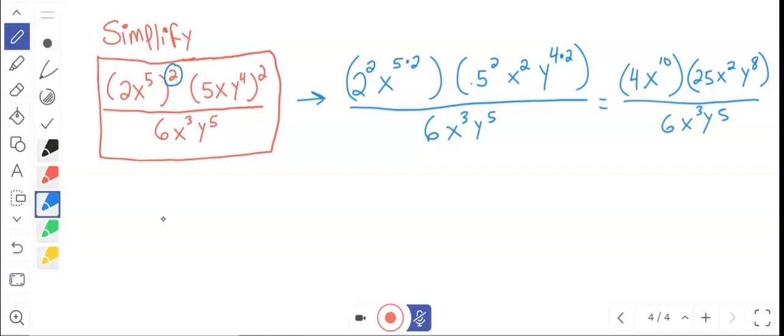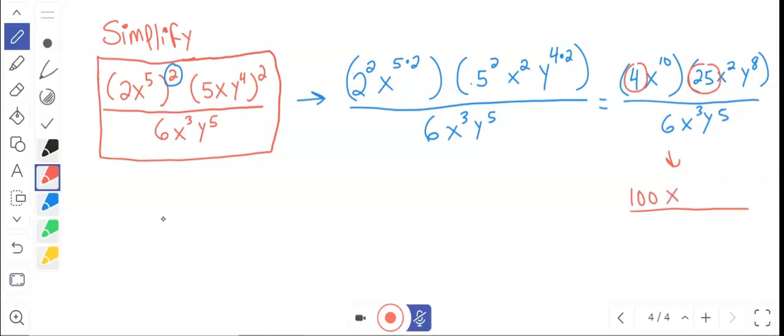Now next, we're still not done yet. We need to multiply these whole numbers, 4 and 25. We know 4 quarters is $1, so that's 100. Now you have two bases with exponents, x to the 10 times x squared. You just add those exponents, because that's the rule of exponents.